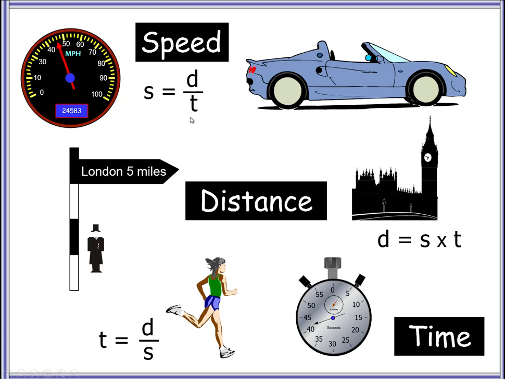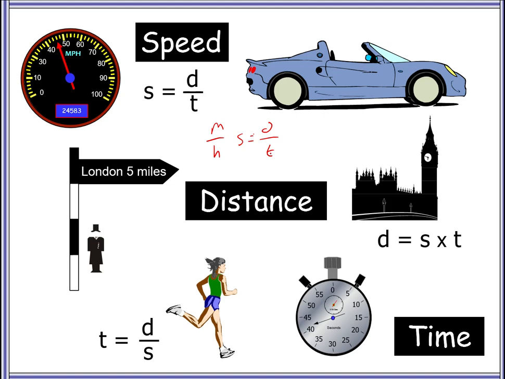Speed is measured usually in miles per hour or kilometers per hour. So if you're measuring it in, say, miles per hour, that's distance, miles, over hours, time. So that's where it comes from. Speed is equal to distance over time. And we can rearrange that then to give us the other two formulas.